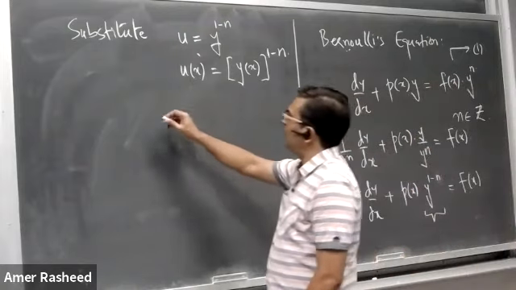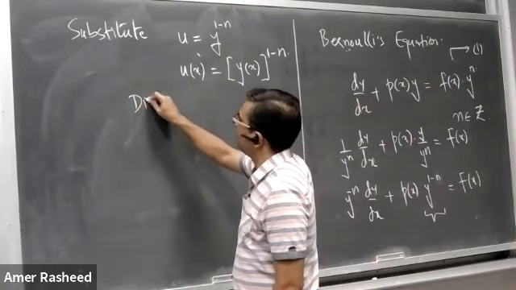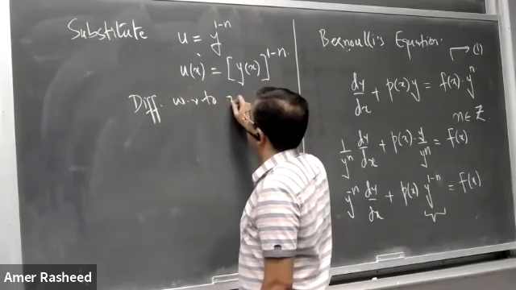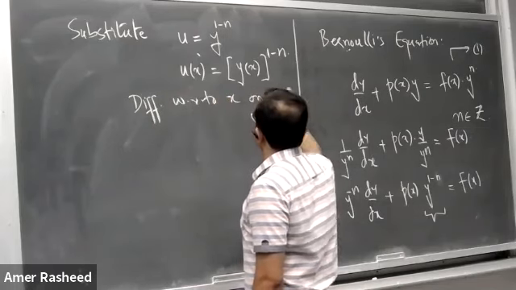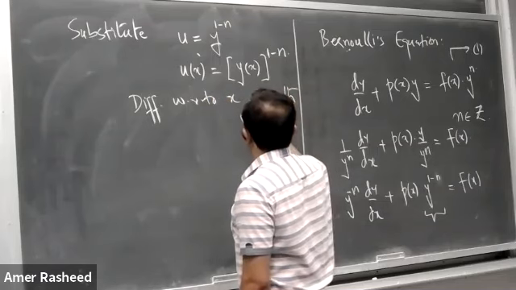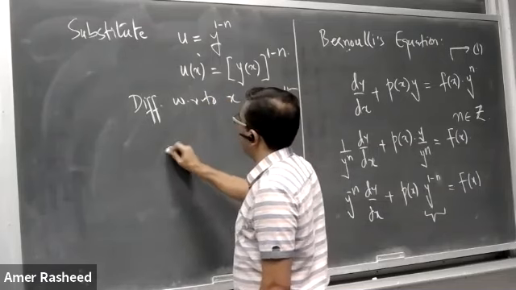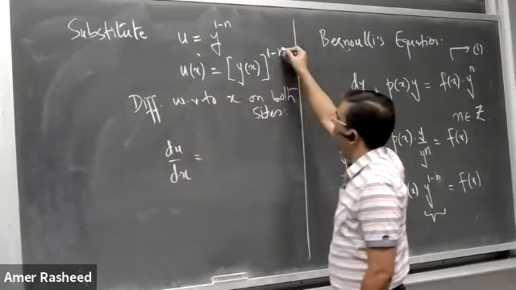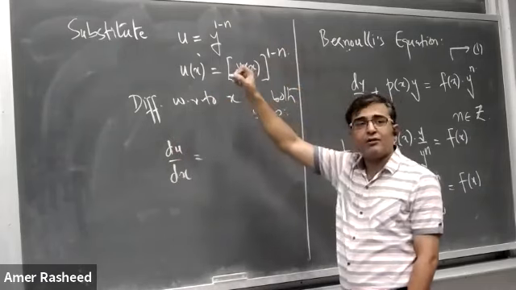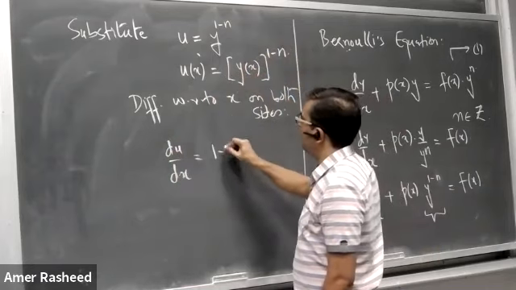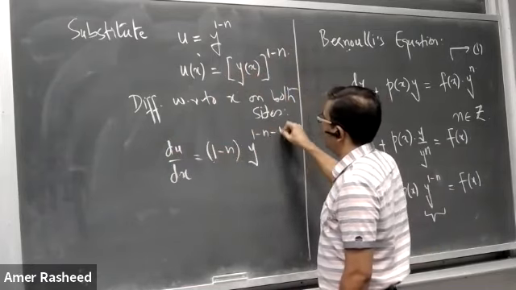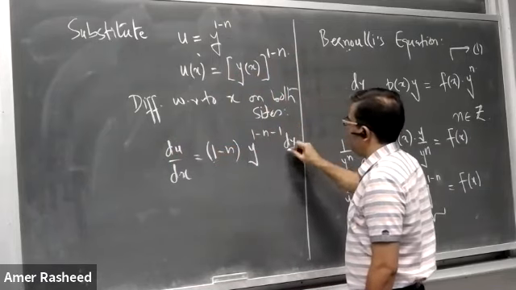Now, differentiating with respect to x on both sides of this substitution, what we obtain is du by dx is equal to, here you have to apply the power rule. Power comes down, y power 1 minus n minus 1 into dy by dx.